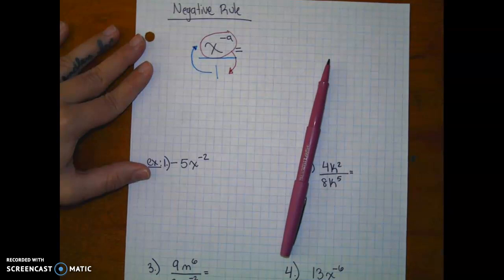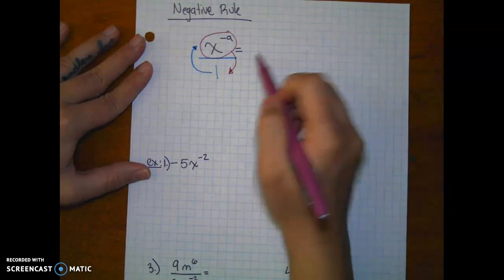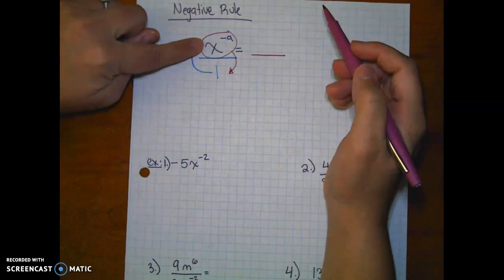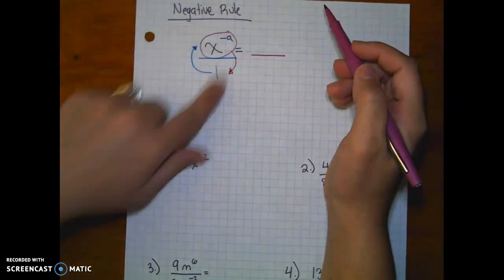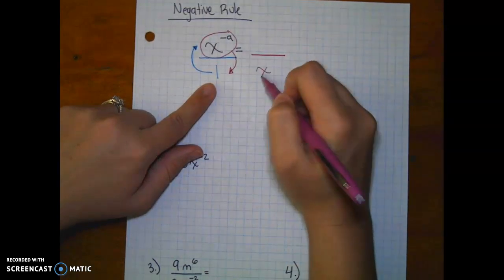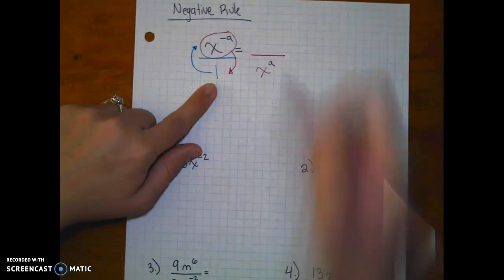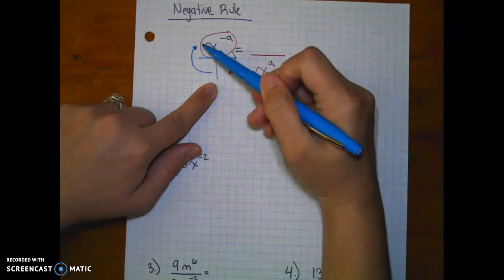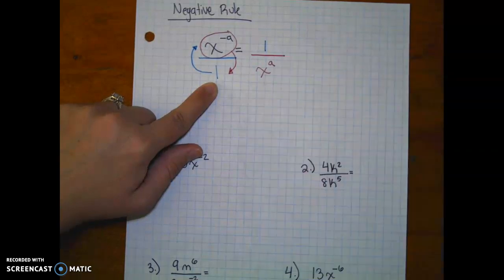What you do to the top, you need to do to the bottom. So now, if I move my exponent and my x to the bottom, it makes my exponent positive. So now I have x to the positive a as my denominator, and 1 is going to go to the top. So now I essentially have a fraction, or division.